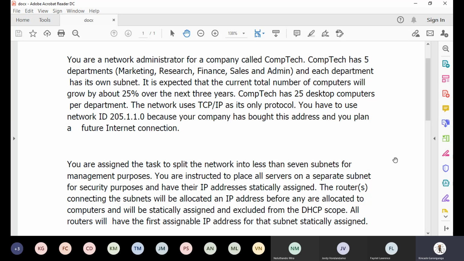So like we said a couple of moments back, just make sure that your networking devices as well as your servers have static assignment of IP addresses.